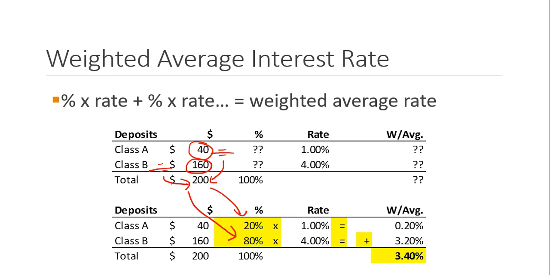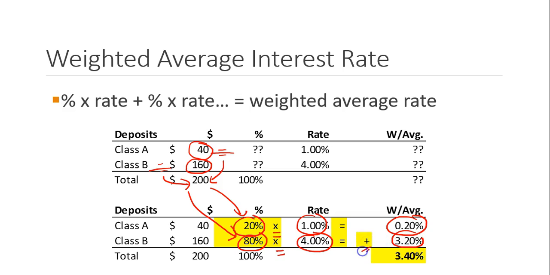And now in calculating in the bottom half of the table our weighted average interest rate, I have a 20% weighting for Class A times the 1% interest rate, which gives me a contribution of 0.20%. And using the same math with Class B, a weighting of 80% times the interest rate for Class B of 4% results in a contribution of 3.2%.